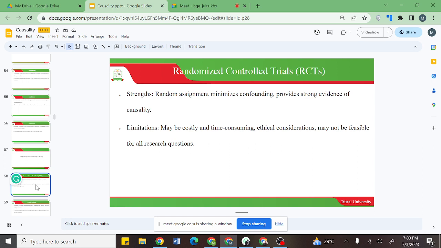Key things have to happen. One is what we call randomization, where in your study you have two groups: the intervention group and the control group.